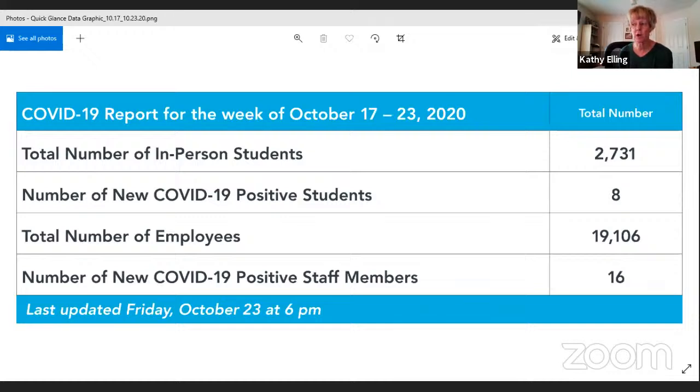We are noting among our employee population that we have 16 total cases for the period representing October 17 through 23. What's notable in this dashboard, compared to what I'm going to show you next, is this is a week's snapshot in time. And the next one reflects a period of 14 days. I'm going to show you that.